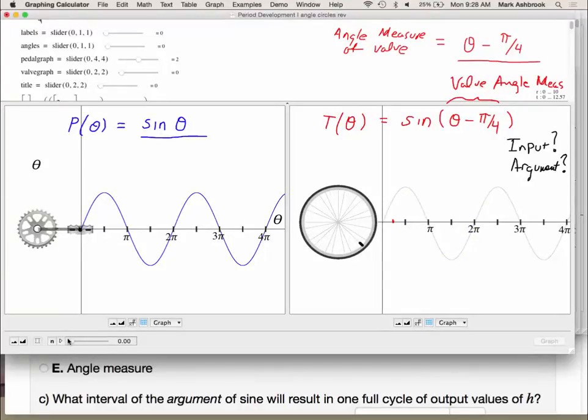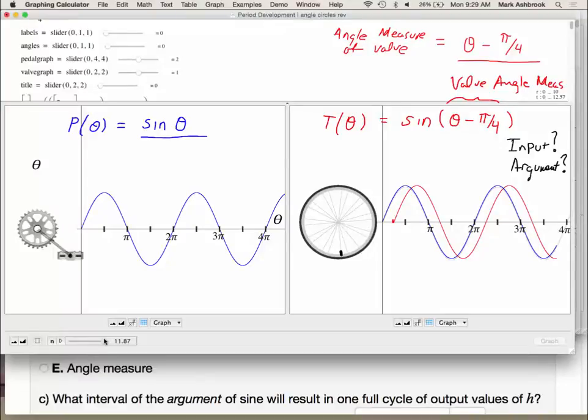Shifted left or shifted right? Let's see it. So once the pedal angle hits pi over 4, now the tire valve starts its cycle. It's behind, right? It comes later. The cycles of the tire valve are coming later by pi over 4, thinking of theta increasing from left to right.